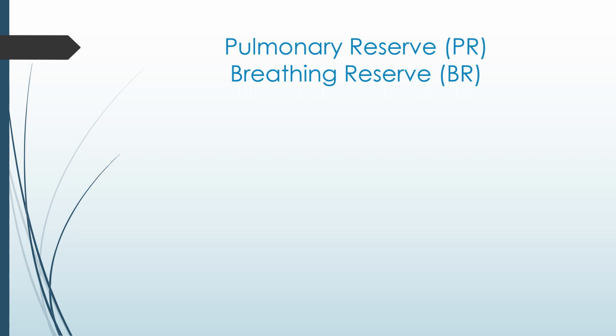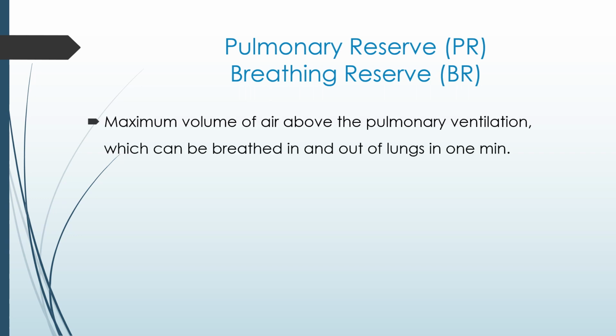Pulmonary reserve, or the breathing reserve. This refers to the maximum volume of air above the pulmonary ventilation which can be breathed in and out of the lungs in 1 minute. So breathing reserve is equal to maximum ventilation volume minus the pulmonary ventilation.